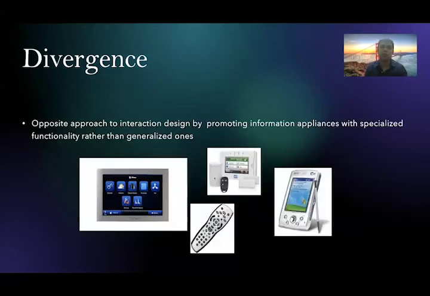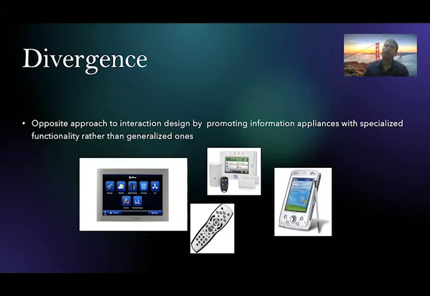The next one is divergence. Divergence is the opposite of convergence. You can see that divergence refers to interaction design. It means that you can interact with the system. For example, you can use the device to monitor your health. Another example of interaction design is when you go to an ATM system.